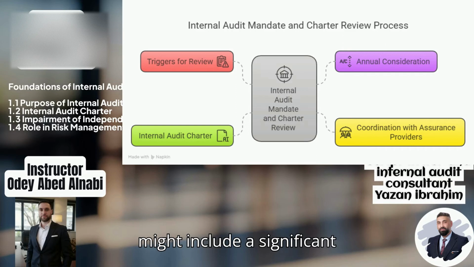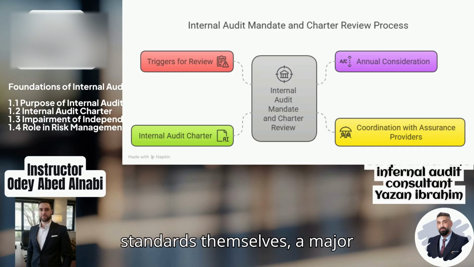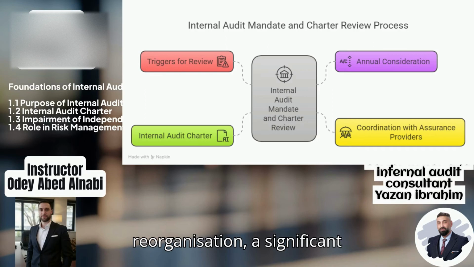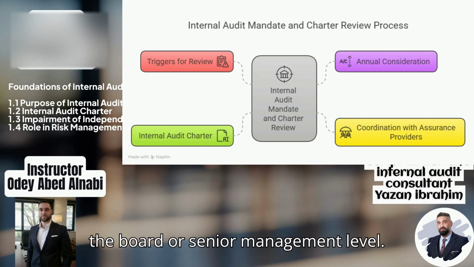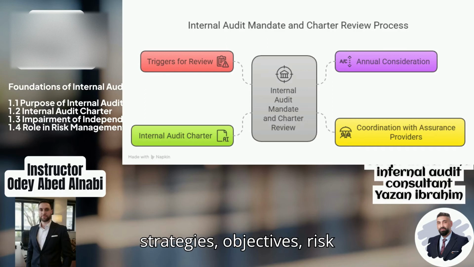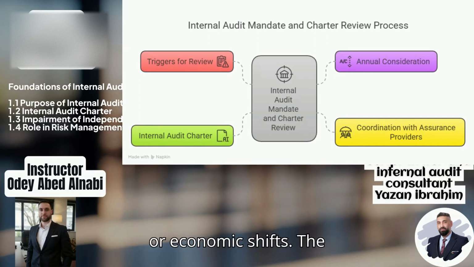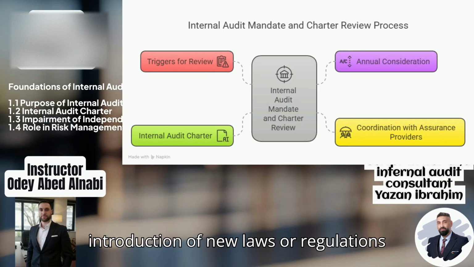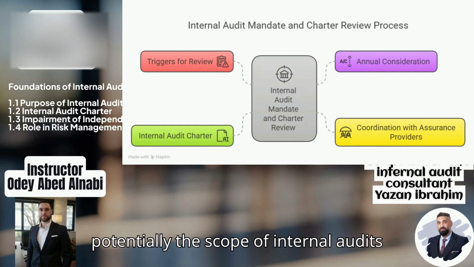These triggers might include a significant change in the global internal audit standards themselves, a major acquisition, merger, or internal reorganization, a significant change in key personnel, particularly at the board or senior management level, a substantial shift in the organization's strategies, objectives, risk profile, or the overall operating environment, like new competitors or economic shifts, the introduction of new laws or regulations that impact the organization and potentially the scope of internal audit's work.